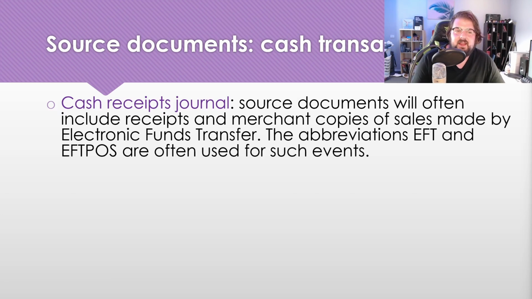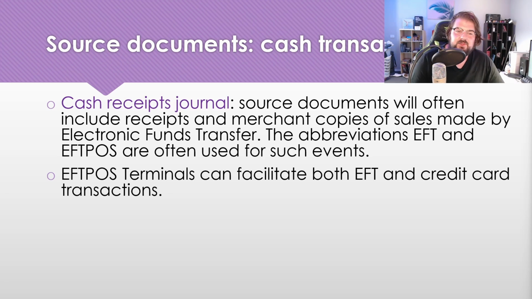In our cash receipts journal, we'll often have the source document of a receipt or an EFT transfer. You will have seen these EFT receipts quite often. There's a copy that's printed for both the customer and for the business.